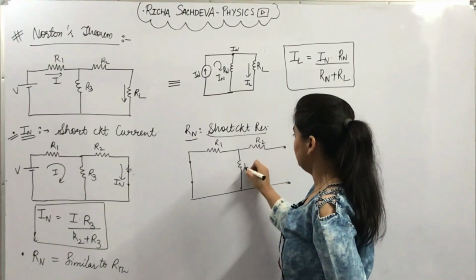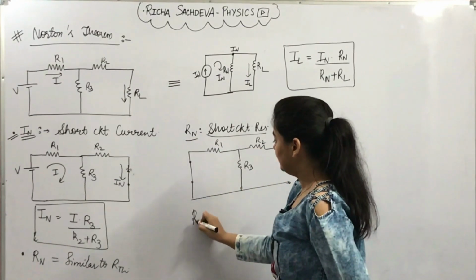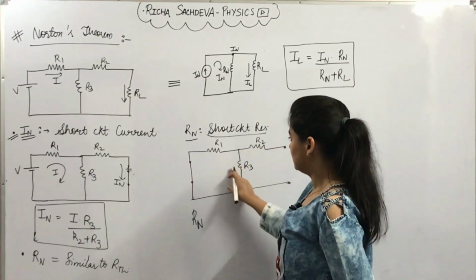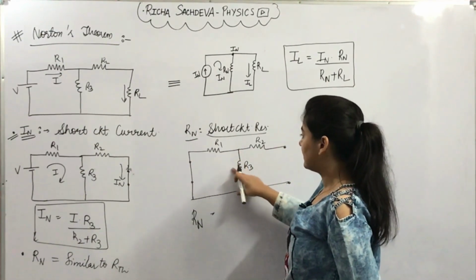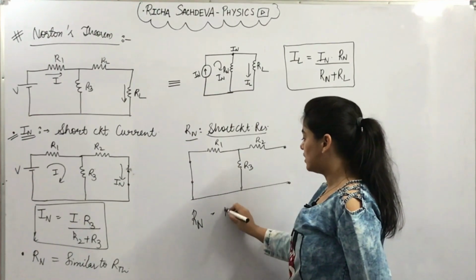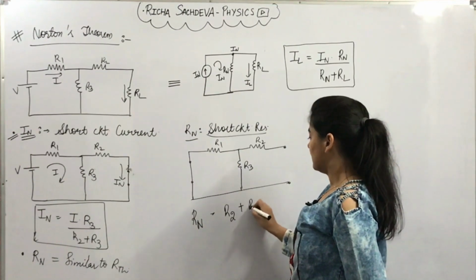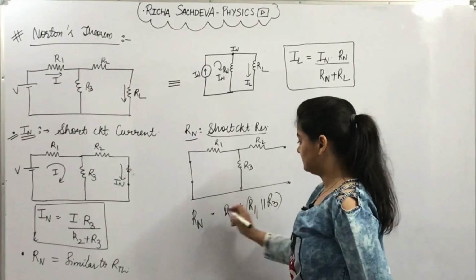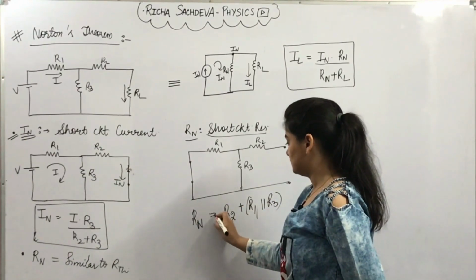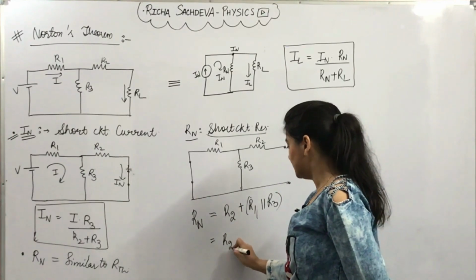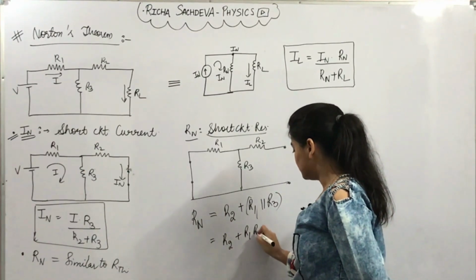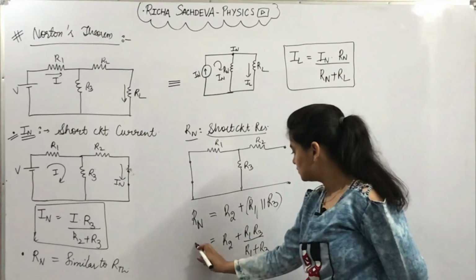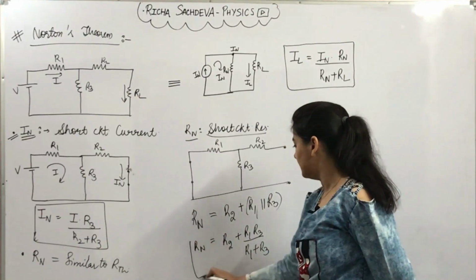What will be R equivalent? These two are in parallel and their parallel combination is in series with R2. So R2 plus R1 parallel to R3. So this becomes R2 plus R1 R3 upon R1 plus R3. So this is the value of RN.